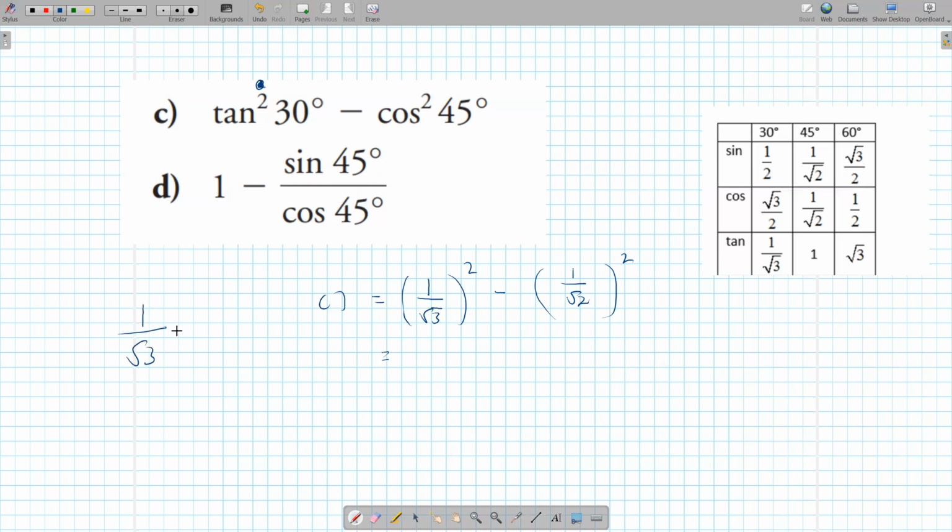That's the same thing as 1 over root 3 times 1 over root 3. 1 over root 6. No. What's 3 times 3? It's 9, right? So it'll be 1 over 3. What's 1 over root 2 whole squared?